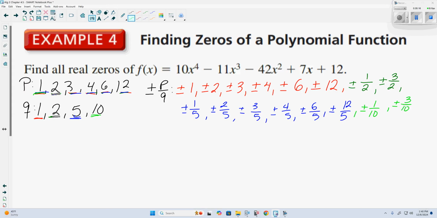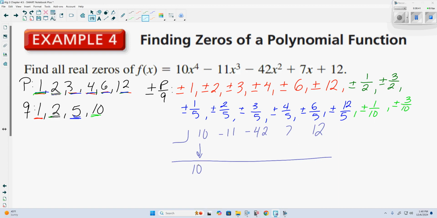Well, you remember when we did the one just previously, for us to test to see if it is a 0? Well, I would come over here, set up synthetic division, put our 10, -11, -42, 7, 12, and we'd start with the first number, which is +1, then -1, +2, -2, and go through all these here, yes?